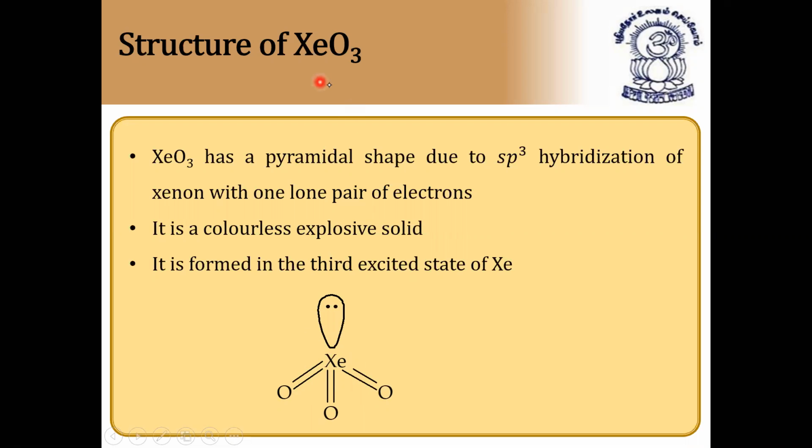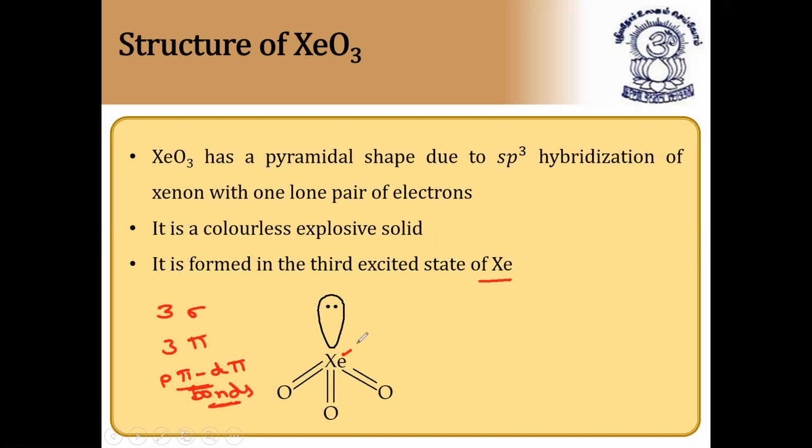The p electron of oxygen combines with the d electron of xenon, and that's why it is called p pi d pi bonds, and it has one lone pair. So it is formed in the third excited state of xenon.